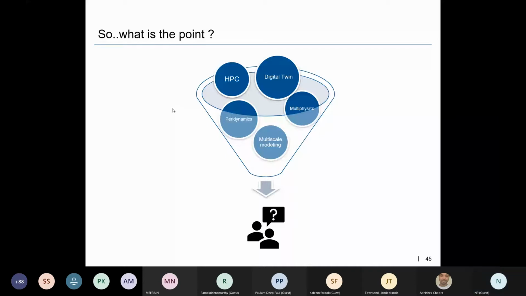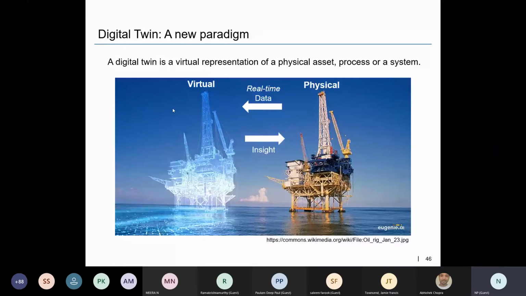So I'll start there. If you don't know what a digital twin is, I don't know that much about it either, but from my basic knowledge, a digital twin is basically a virtual representation of some kind of physical asset or a process or a system. So for example, this picture shows this really complicated structure of an oil rig. And so a digital twin might be a model or a virtual representation of this physical asset, right?